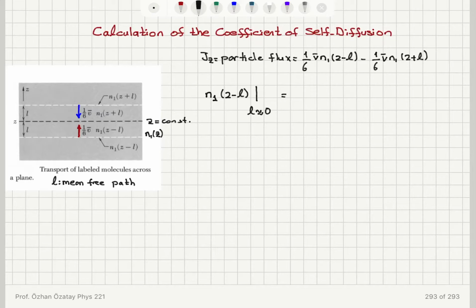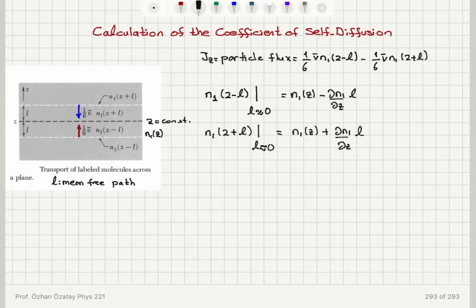We have Taylor's expansion, so we first set L equal to 0, we have N1 of Z, and then we take the derivative with respect to Z. So we will have minus del N1 del Z at L equals 0 times L. And then for N1 at Z plus L, we have around L equals 0, N1 of Z plus del N1 del Z times the mean free path L.